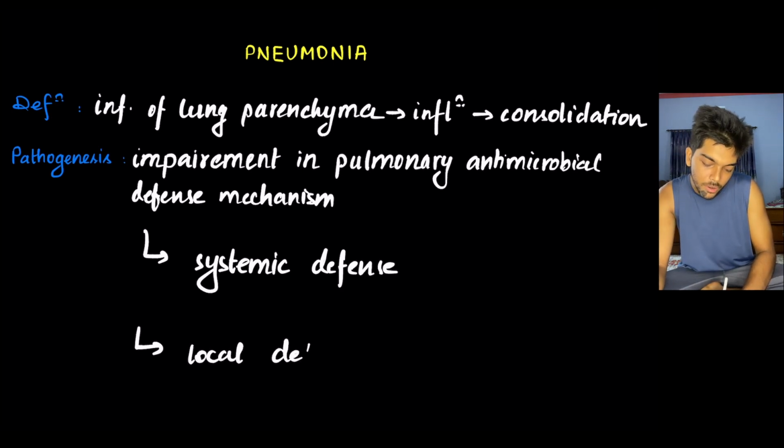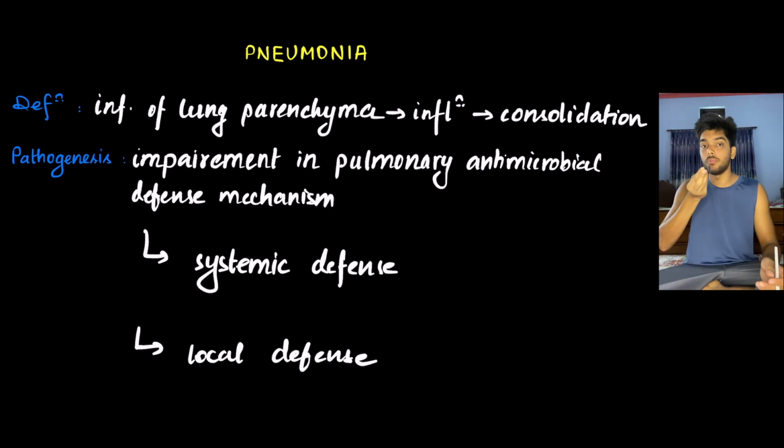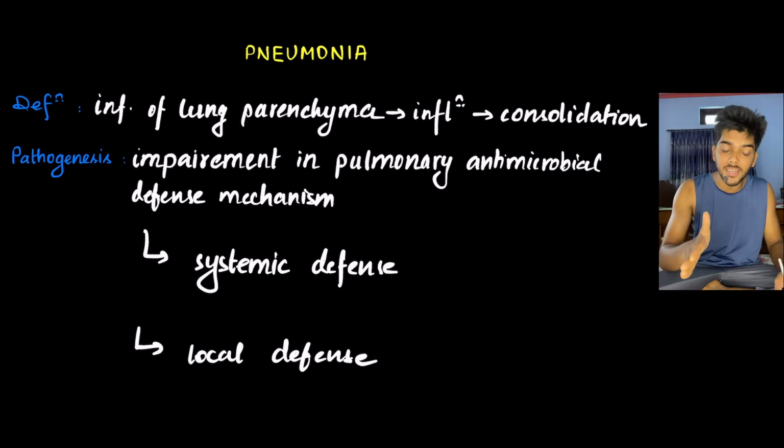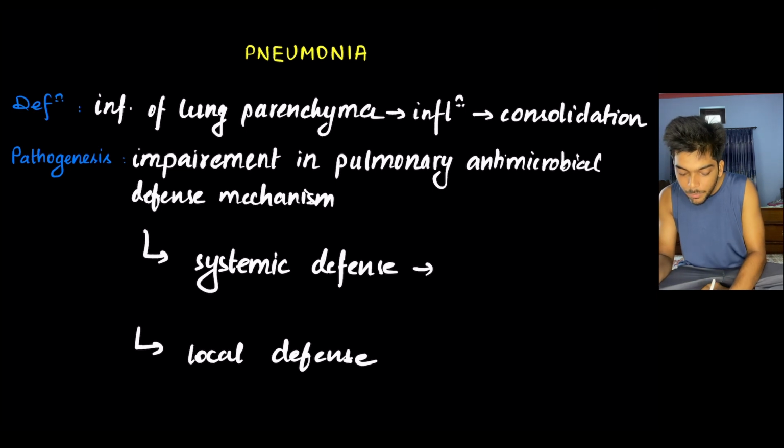Systemic defense means what? Once the microorganism enters the body, first your whole body tries to fight against it, right? It's not just your lung, trachea, bronchi, bronchioles, not just the respiratory system. It's your body also trying to fight against it. That is your systemic defense. That is basically your immunity trying to fight against it.